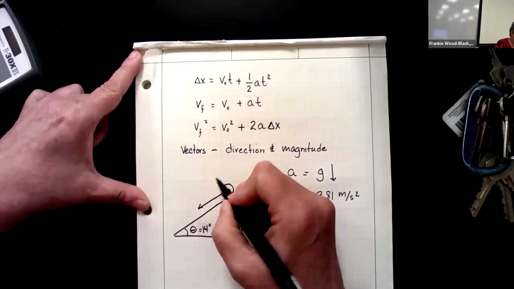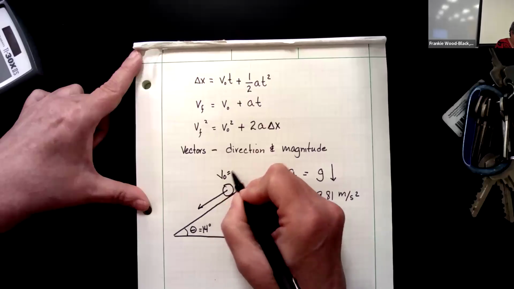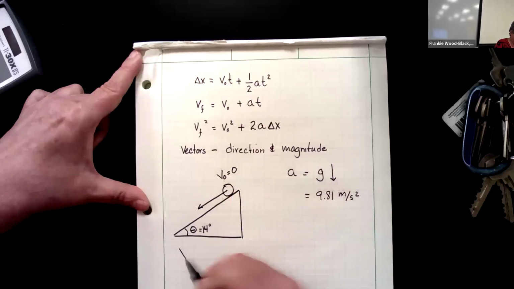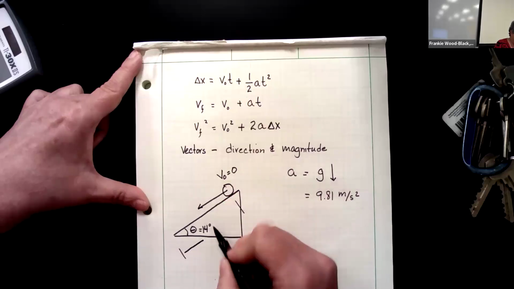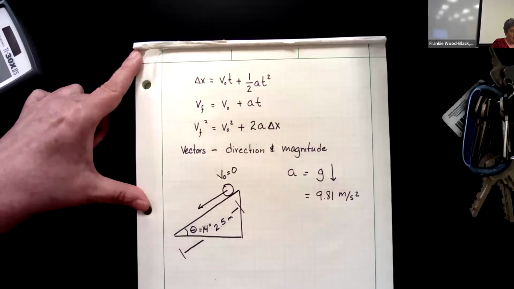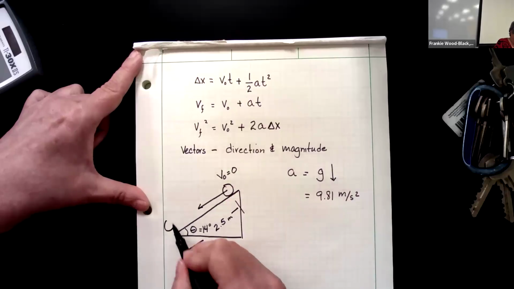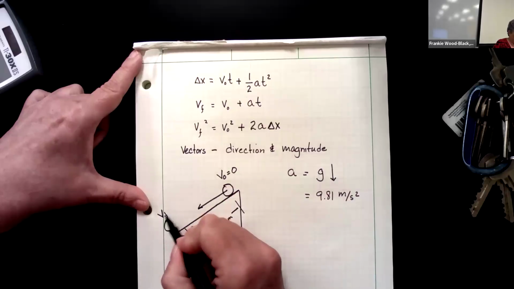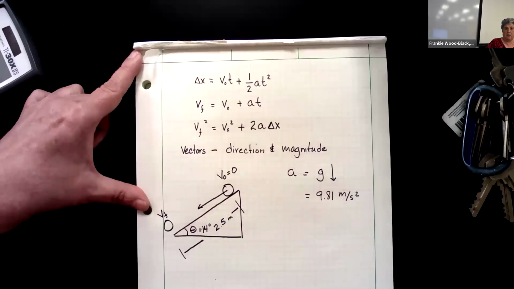We're going to start it with an initial velocity of 0. It's going to travel a distance down my inclined plane of 2.5 meters. And we want to know the final velocity at the bottom.